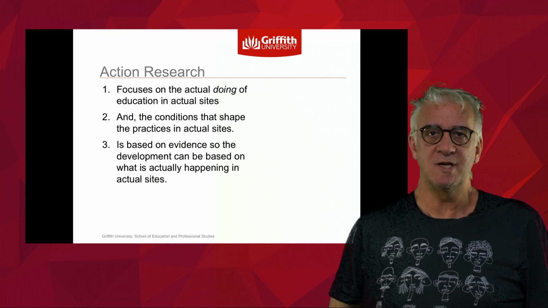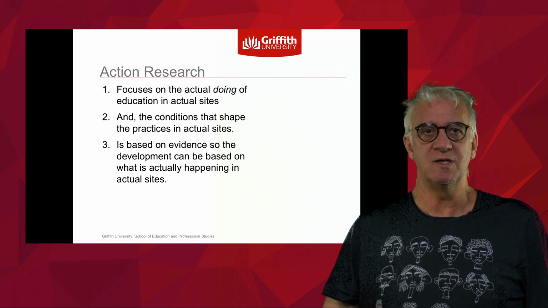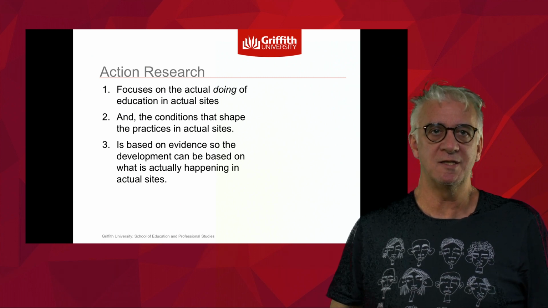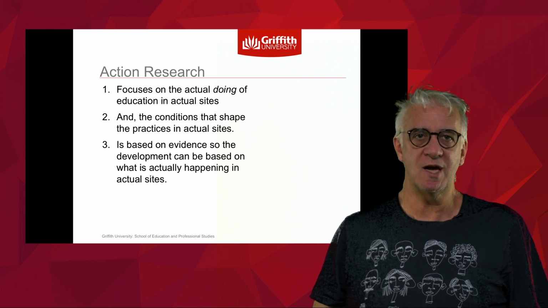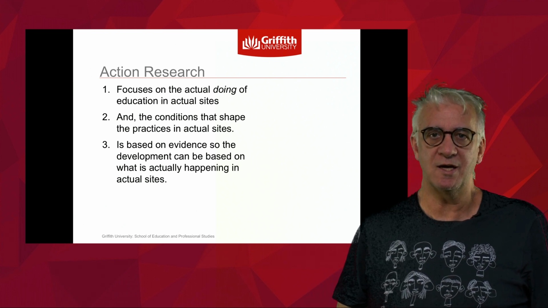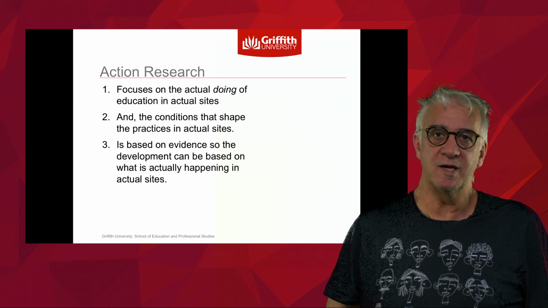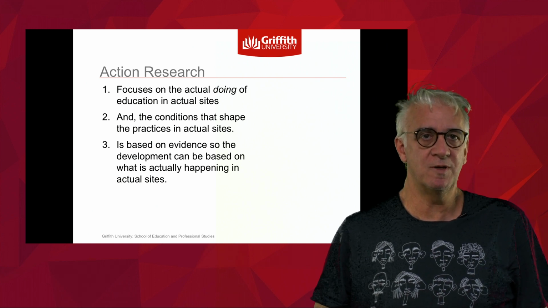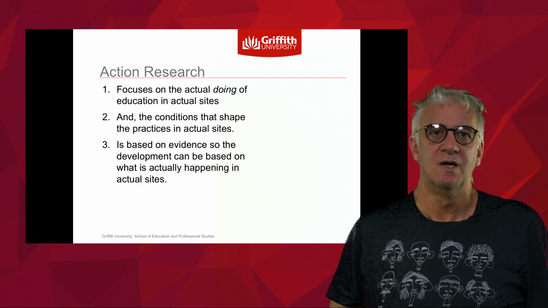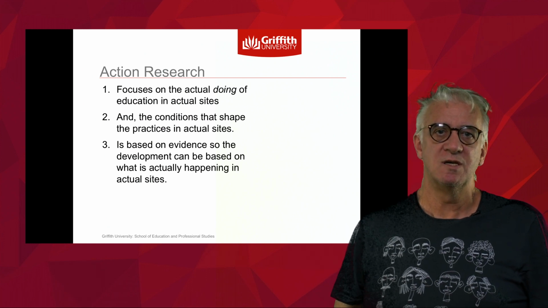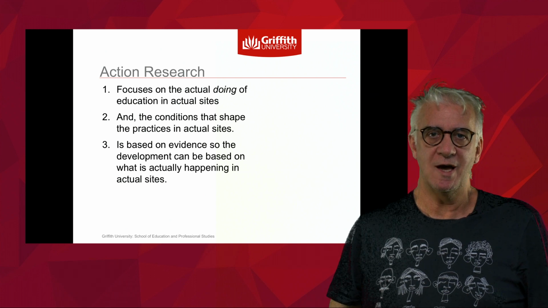At the same time as understanding what action is going on or the practices that are being undertaken, we need to also understand the conditions and arrangements that shape those actual practices in actual sites. Not what we think might be shaping it, what could be shaping it, but what are the actual things that are shaping it. And that's why we collect evidence to try and work out what these things are and develop them.